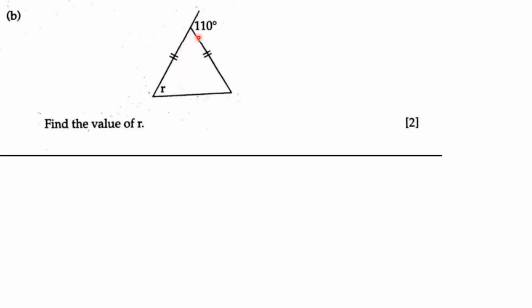In order to find the value of R, remember this rule: for an isosceles triangle, two angles are always equal. So if we're dealing with an isosceles triangle, at least two of them are equal. This is R, and this is also the side that is equal to the next side.